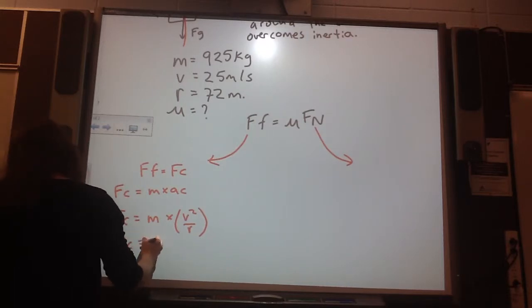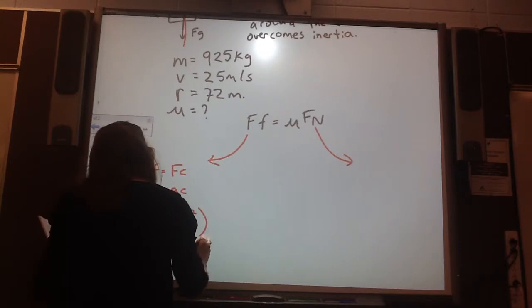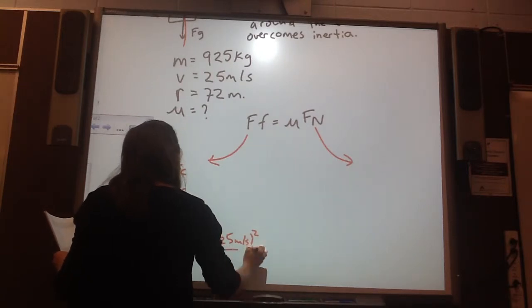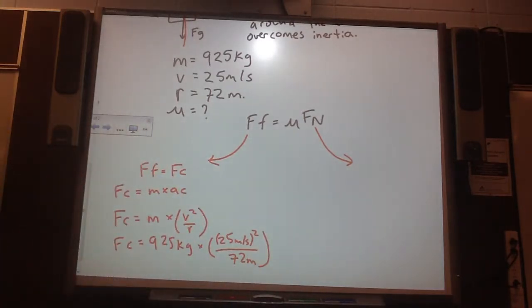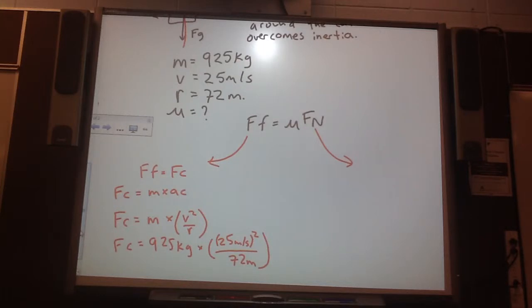So FC is equal to 925 kilograms multiplied by 25 meters per second, and that value needs to be squared, over 72 meters. If you notice, I write my 25 meters per second, put that in brackets, and then go squared, because I don't want to mix up meters per second squared, because that would be acceleration.